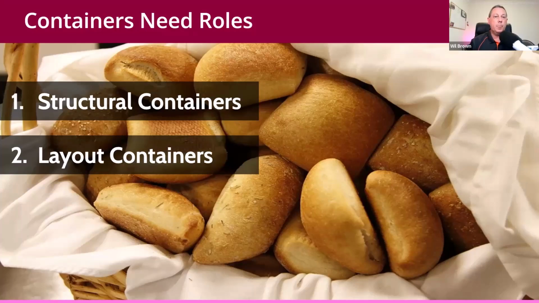If you think of the structural containers as the main box everything fits into, controlling the overall page flow, the max width and the spacing between, then inside that, each section is your layout container. This controls which way the content goes, left to right, up or down. It's justifying it left, right, or aligning it to the middle. And that's the place where you want to manage the responsive behavior. So what does it do on mobile when it stacks down? Or from mobile up to desktop, how does it expand out?